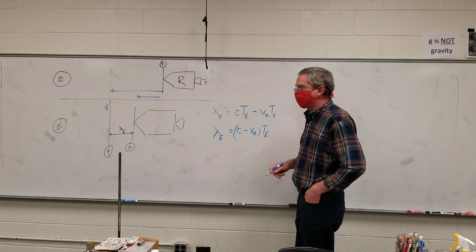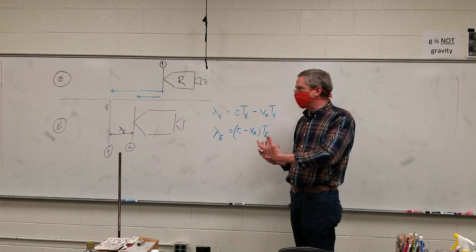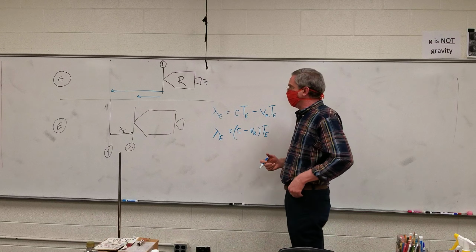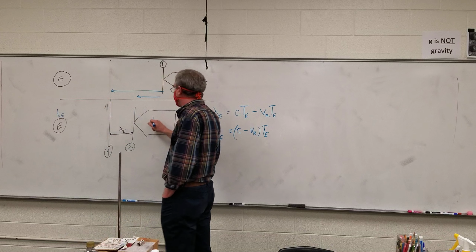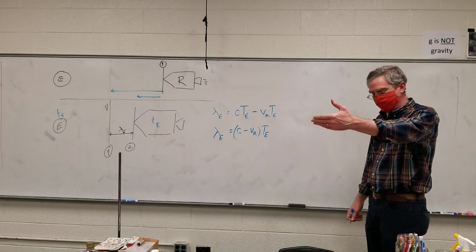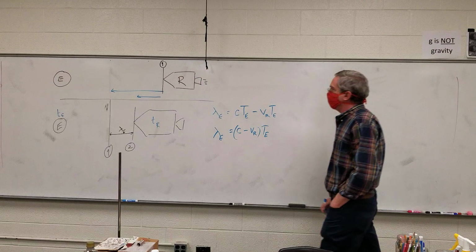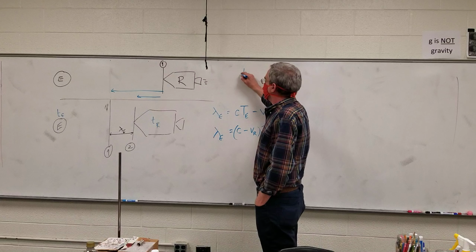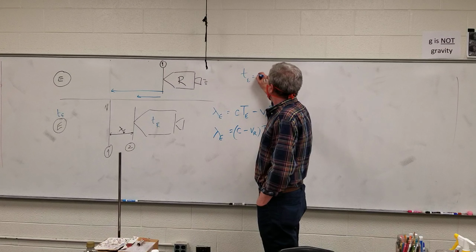All right, so now let's bring in the fact that we're dealing with special relativity. We have two different times involved here: time on Earth, and time in the rocket. The rocket's the one traveling really fast from Earth's point of view. Earth's not moving. So the time on Earth is equal to gamma times the time on the rocket.